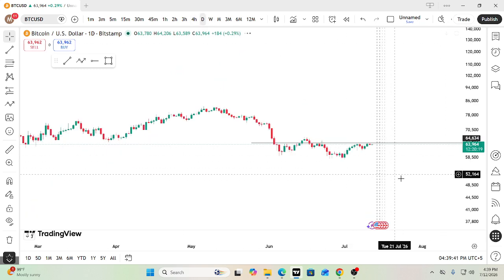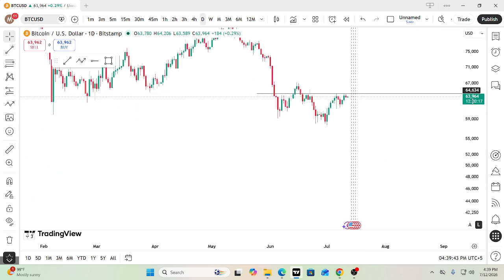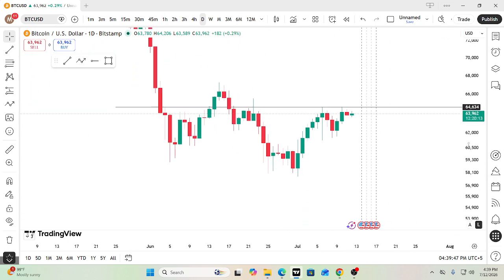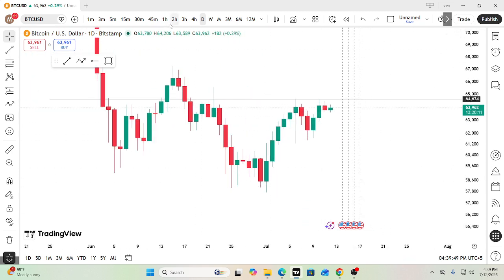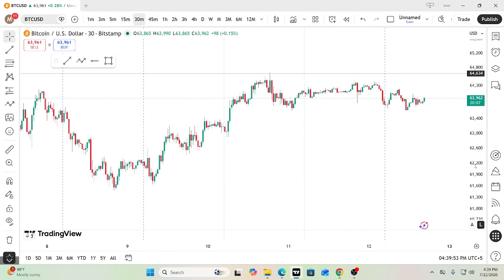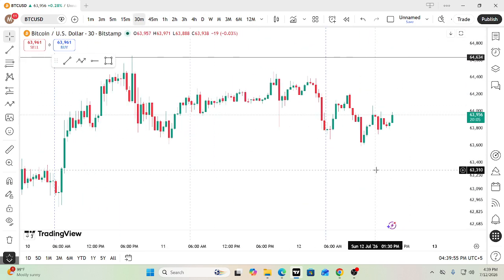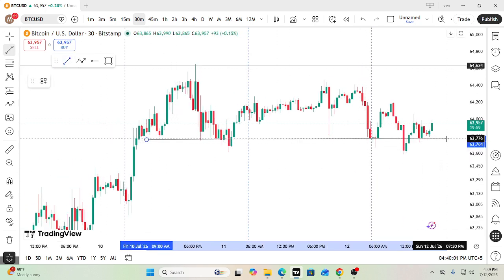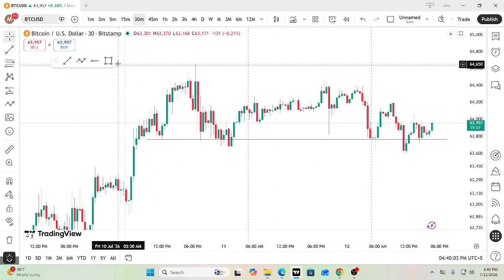So now, what we can do in BTC for the coming week, I am looking for sell. This is a very good level for selling. This is the level that we had. This is the QML area.